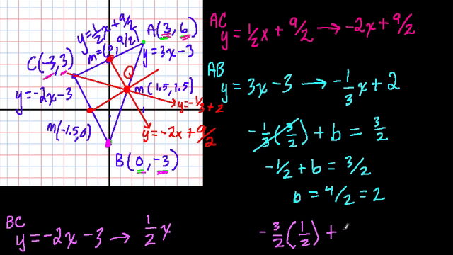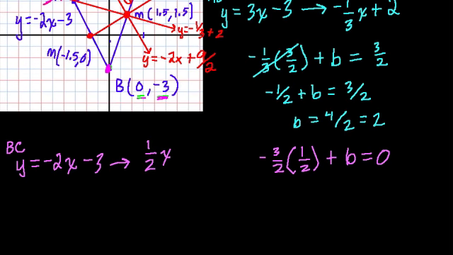Well, this point is 0, so plus something should give 0. If we multiply these two fractions, we get negative 3 over 4, plus something equals 0. What do I have to add to negative 3/4 to get 0? The answer is positive 3/4. So here b is equal to 3 over 4.